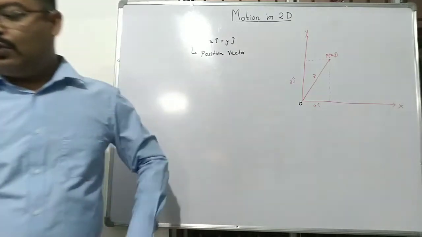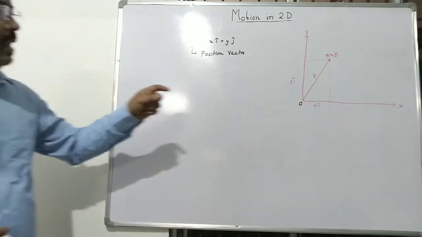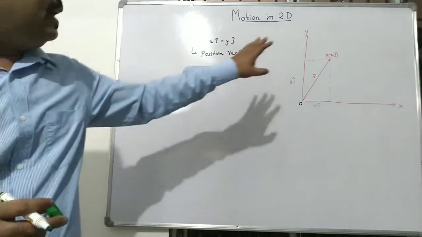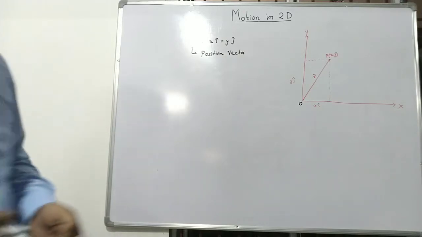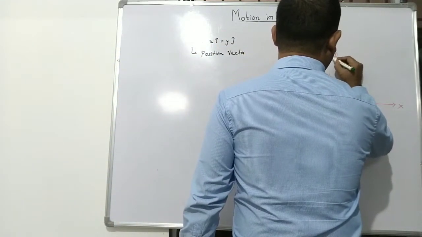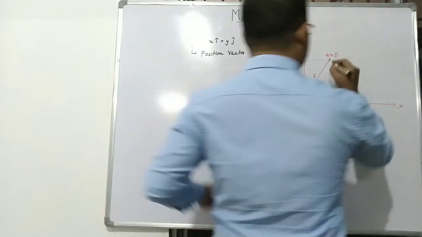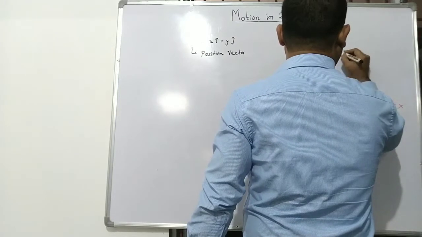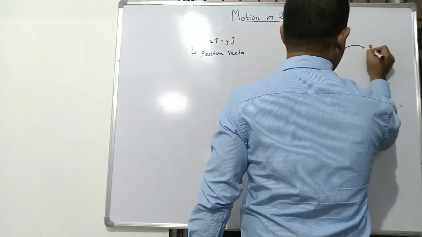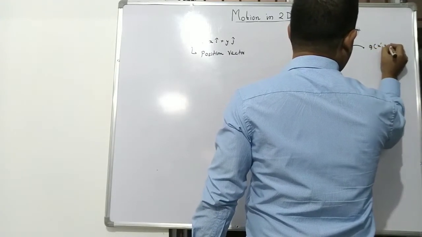So any vector that gives the position of a point in a given plane is known by the name position vector. Since we are talking about motion, let's say that this particular particle P starts moving and traverses a certain path, like this, and ends up at this particular point Q, given by x dash, y dash.